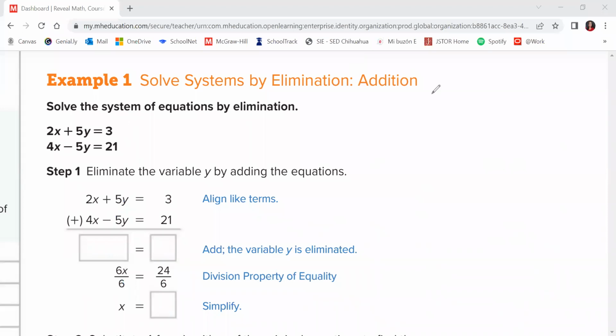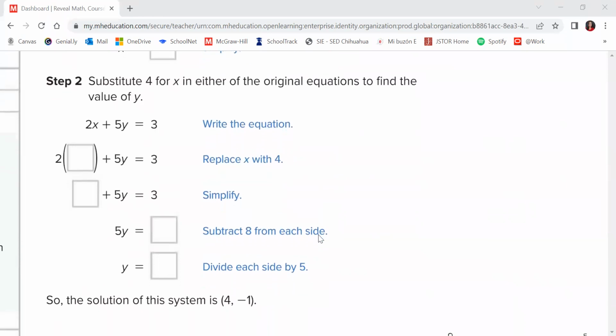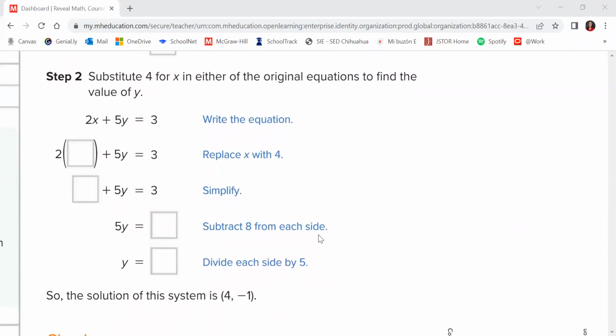When we continue, we need to substitute the 4 in either of the original equations to find the value of y. We do the same thing that we did in substitution, right? We already know that x is 4. So 2 times 4 plus 5y is equal to 3. 2 times 4 is 8, plus 5y is equal to 3. So we're going to subtract 8 from both sides, right?